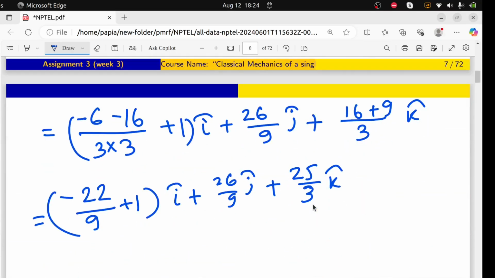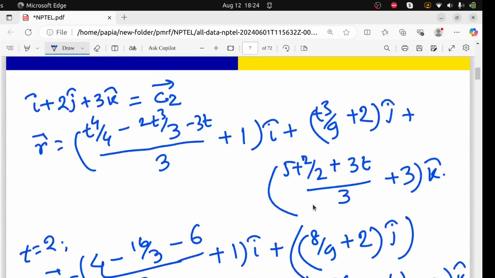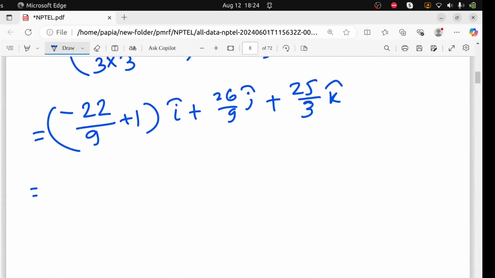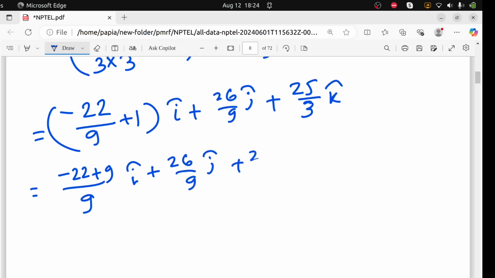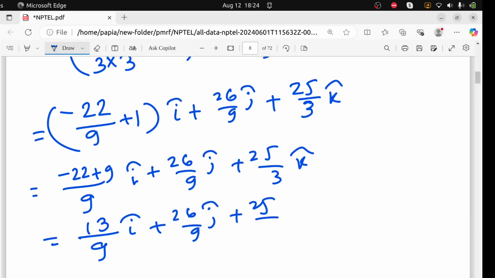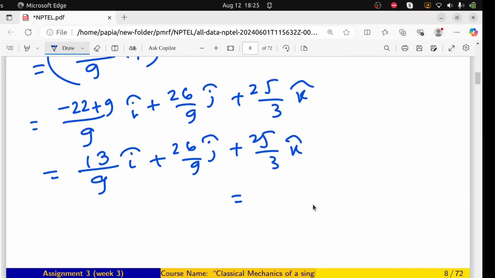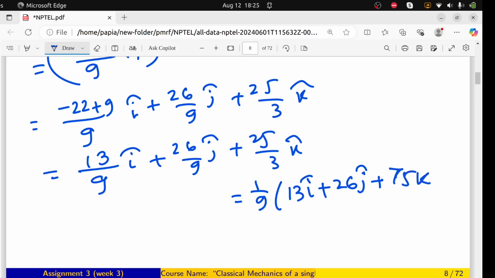Yes, it will be 3 only. If I simplify a little bit, the final answer is 1 by 9, 13 i cap, 26 j cap plus 75 k cap. So this is the position vector at time t equals to 2.